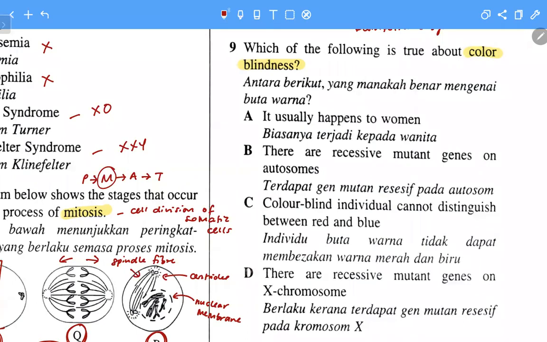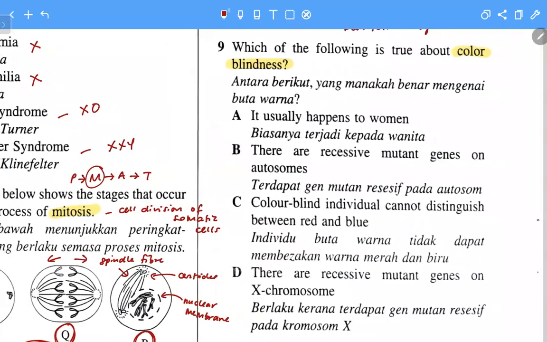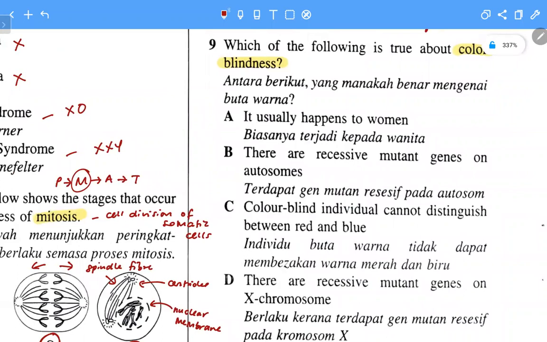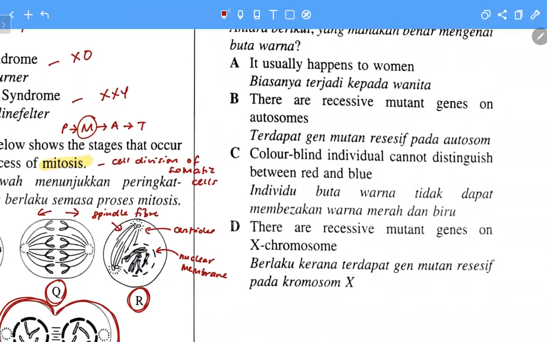Okay, color blindness is actually affected by the X chromosome. There's a huge relationship between color blindness and the X chromosome itself. Technically, it is a recessive mutant gene located on the X chromosome. So the answer is D instead.